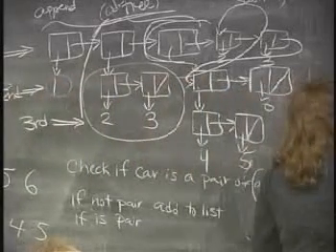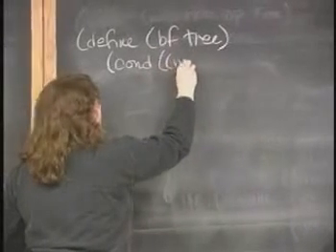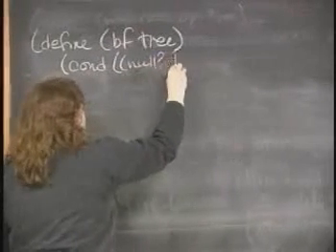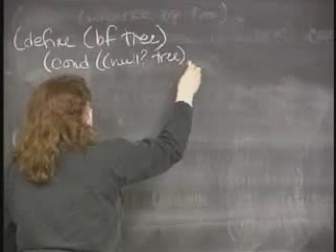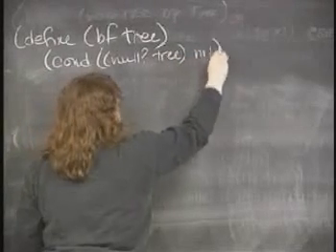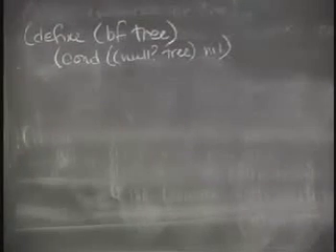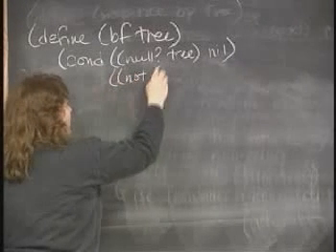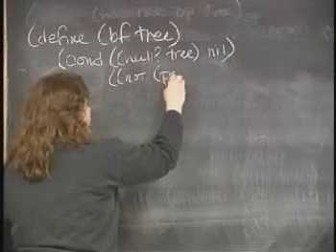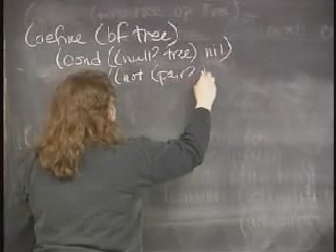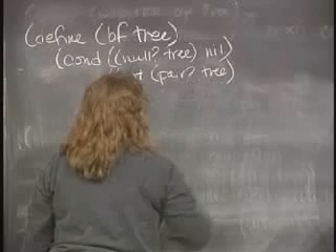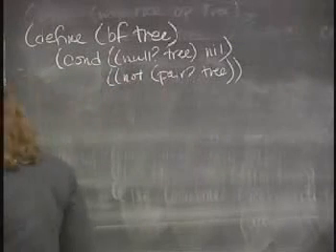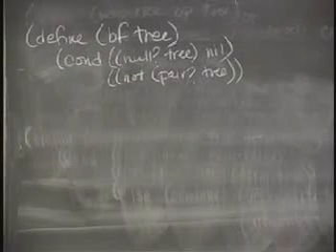Make sure it's not null. If it is null, what should we return? Okay. Second, not pair tree.